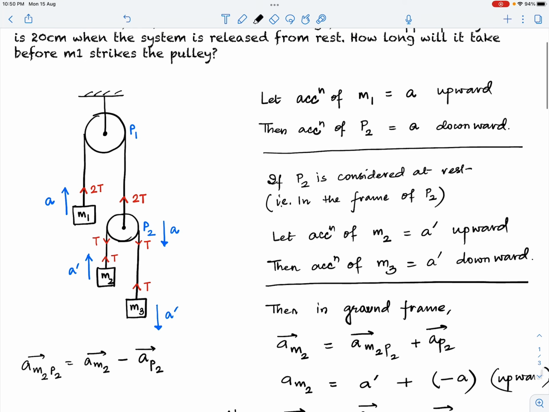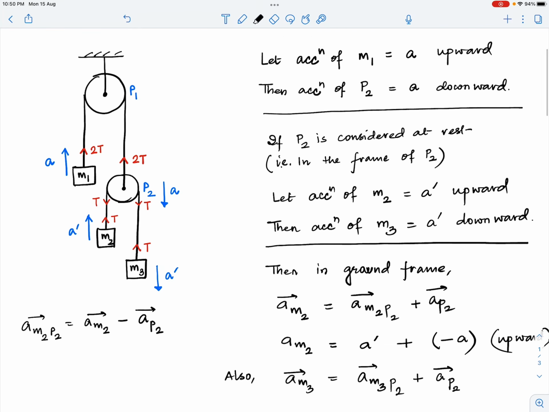Next is, if we assume that the pulley p2 is at rest, then the same relation between the accelerations can be applied across the blocks m2 and m3, which are connected through one single string that goes over the pulley p2 also.